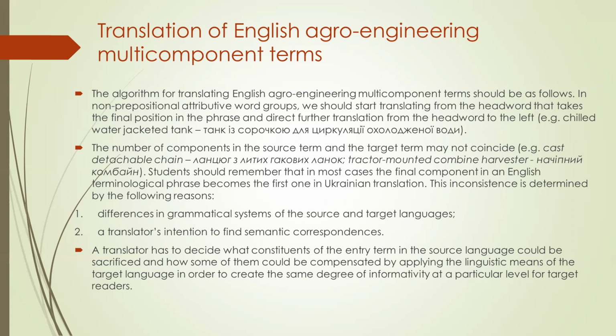A translator has to decide what constituents of the entry term in the source language could be sacrificed and how some of them could be compensated by applying the linguistic means of the target language, in order to create the same degree of informativity at a particular level for target readers.